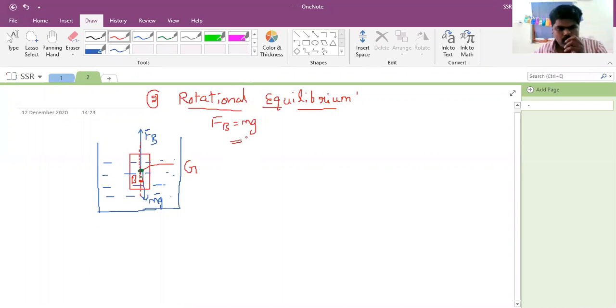Now, suppose it is shifted slightly towards the right or left, what happens? Suppose you can see here in this diagram. You can draw the same diagram slightly shifting. So I'll draw the diagram.